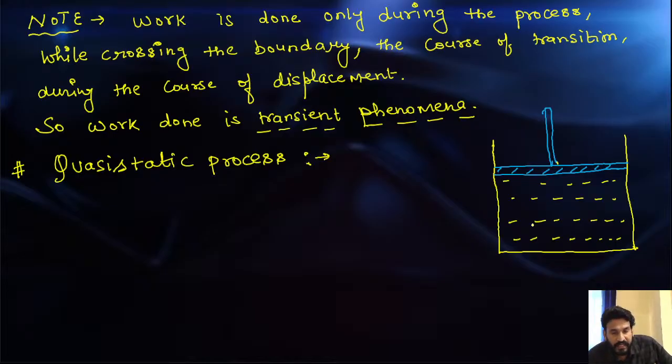Very simple to think about it. If I suddenly compress this, it means a huge amount of force I have to apply. Mechanical equilibrium will be disturbed here. Only one equilibrium will be disturbed, then there is no requirement to think about the other two. If one equilibrium is disturbed, it means we are not in the thermodynamic equilibrium condition.